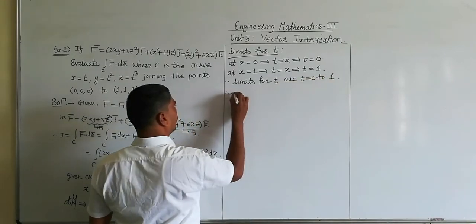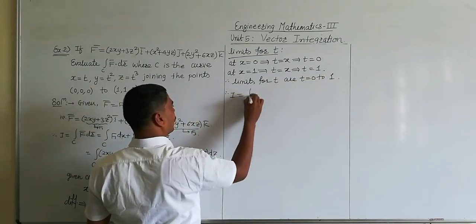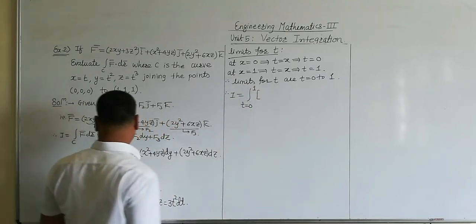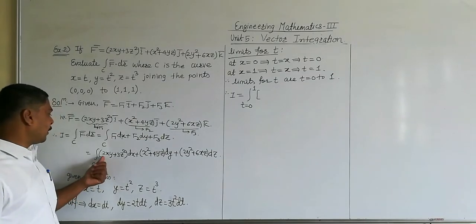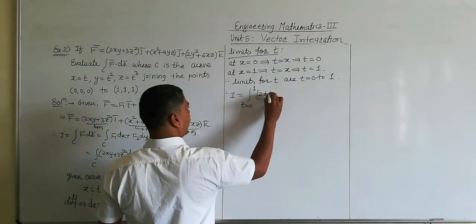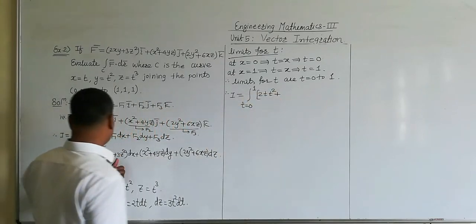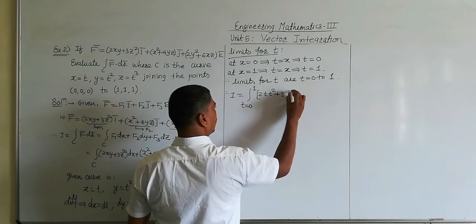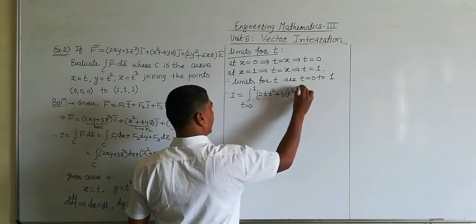And therefore, our integral I is equal to integration t is equal to 0 to 1 into bracket value of 2xy, 2 as it is, value of x is t, value of y is t square, plus 3 into z square, 3 as it is, value of z is t cube, its square, right?